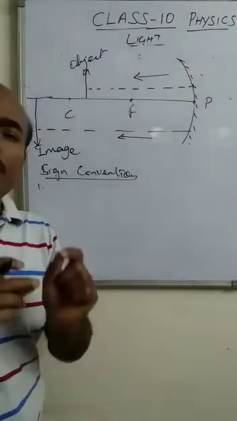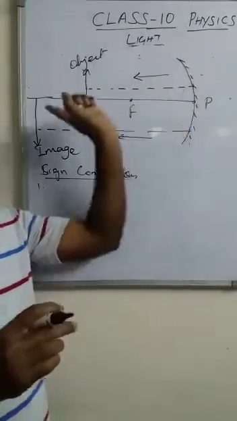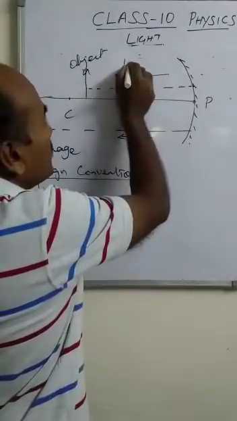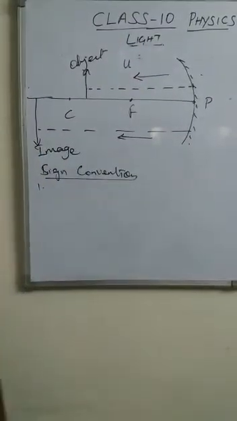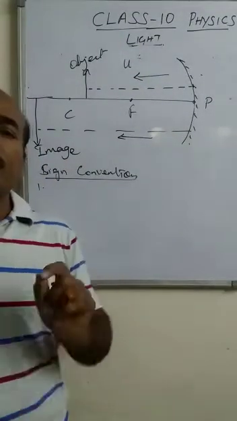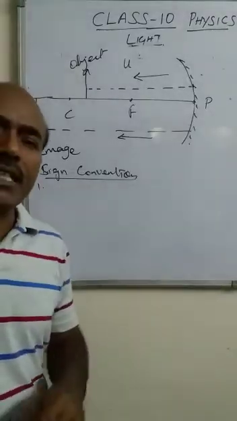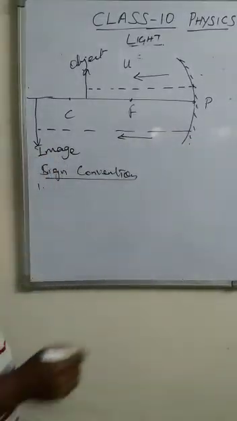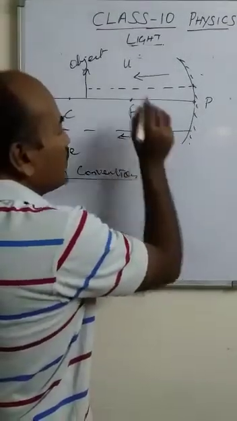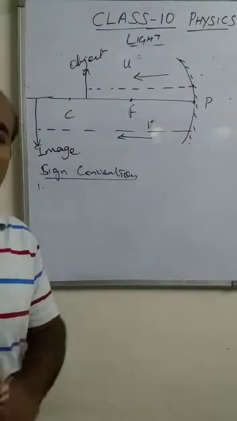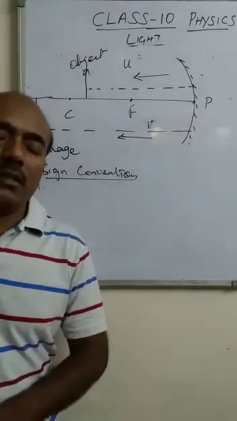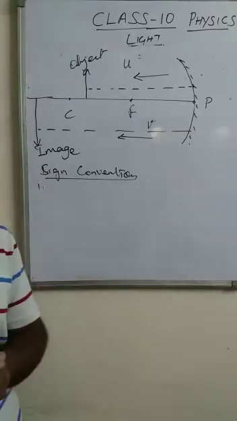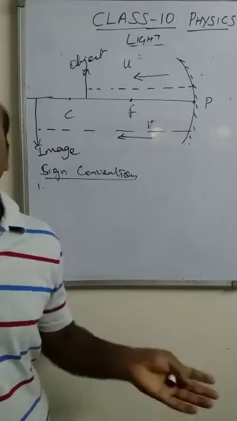The distance of object from the mirror is always given the symbol U. U represents the distance of object from the mirror, otherwise we can say it is the object distance. Then the distance of image from the mirror, this is the image distance, that is V. So U is object distance, V is image distance. It is the symbol given throughout physics.